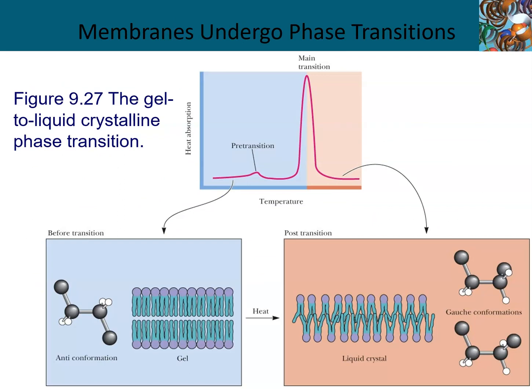So this would be an example of a very sharp transition between your liquid state and your gel state, and you can see, this is a great diagram actually, because you can see how much more space you have between the lipid components in the liquid crystal state, and you can see how much more mobility you have in the ends of the lipids and how much more activity there is with them interacting.